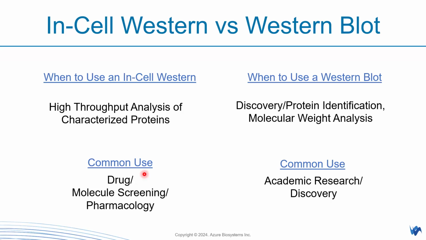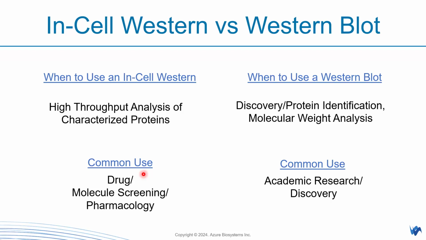And by analyzing the target protein or the marker you're looking for, like the cancer marker, and then normalizing with, let's say, a housekeeping protein or cell stain, that's the normalization control, you will get a set of data in a single assay that you can compare dosage to dosage or increasing dosage or different types of compounds as well.